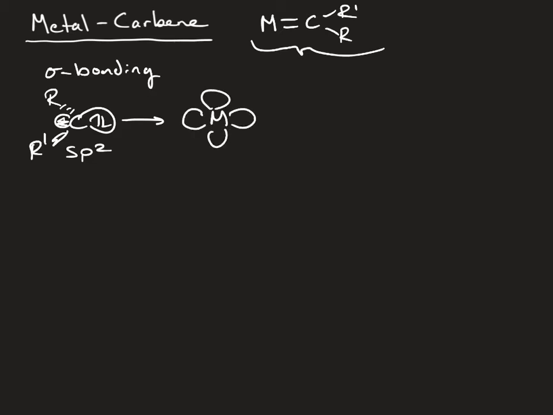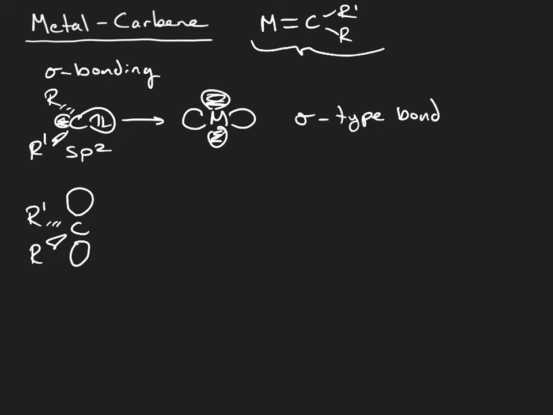And this time we'll draw this as a dx squared minus y squared. So you have a sigma type bond. The other important interaction is the carbon p orbital on the carbene bonding to a metal d orbital in a pi type fashion.